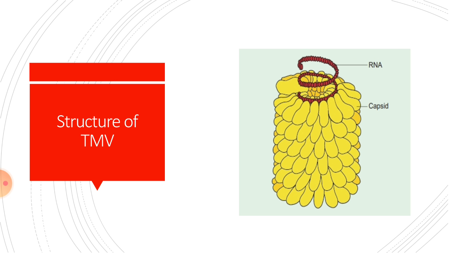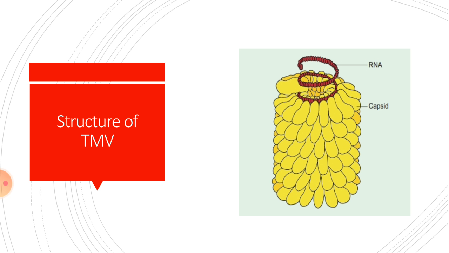As I told, RNA is a single-stranded one, which is an important feature of any plant virus. RNA consists of 7,300 nucleotides and its molecular weight is approximately 2.3 million. The capsid is made up of 2,200 capsomeres around the single-strand RNA.